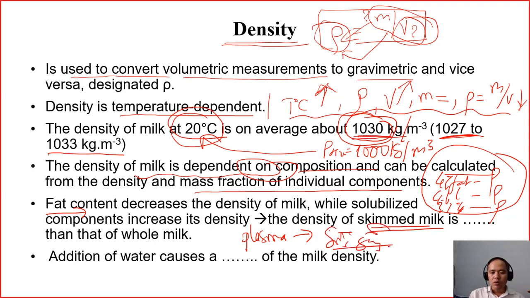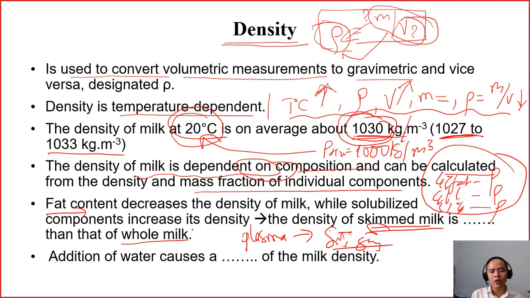So what will happen to the density when we remove fat globules? Between the density of skim milk and the density of whole milk, which one is higher, do you think? I think it's whole milk. The answer should be the opposite, because fat has a low density.